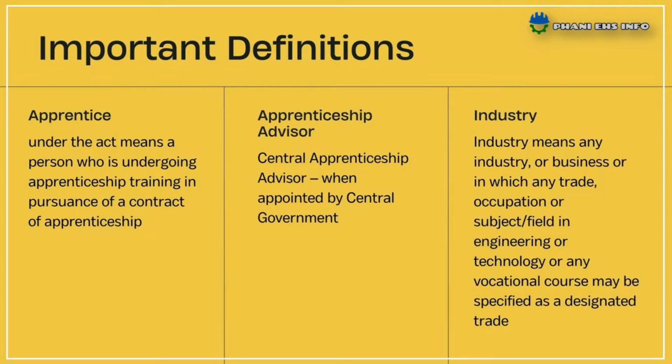Apprenticeship Advisor, Central Apprenticeship Advisor, when appointed by the central government. Industry means any industry or business in which any trade, occupation or subject field in engineering or technology or any vocational course may be specified as a designated trade.